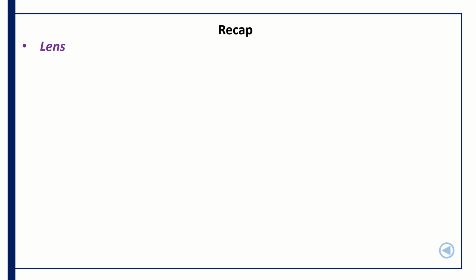So in lens, light passes and gets refracted and gives us different image formations. That is why we get different applications of lens. Then we learnt about two different types of lenses. One is convex lens and another one is concave lens.